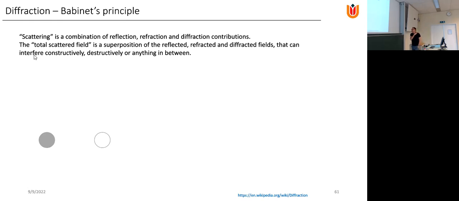The scattered field will then be a superposition of the light that is reflected, the light that is refracted, and the light that is diffracted. All these three contributions can interfere. They can strengthen each other, they can dampen each other. So depending on the geometry, it depends a little bit on what you will get.